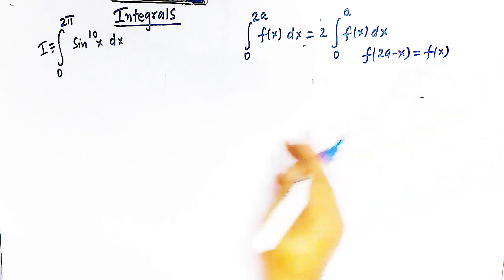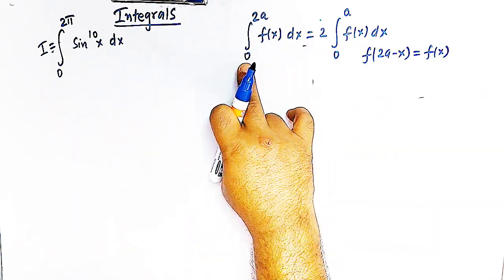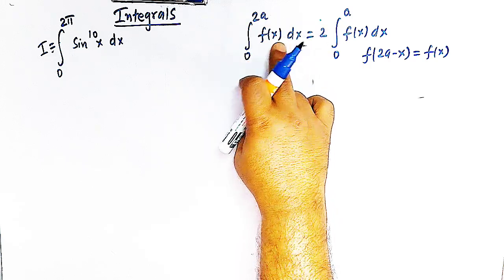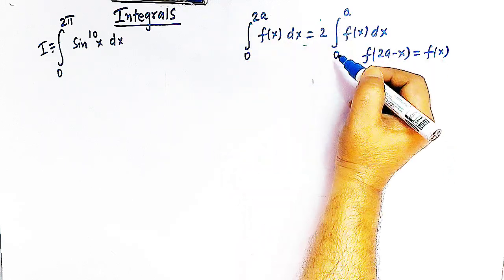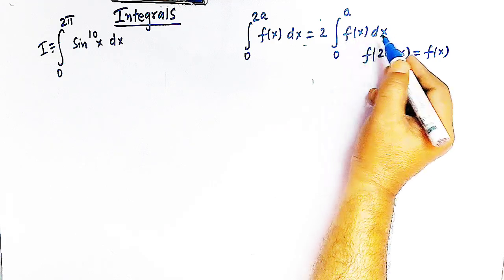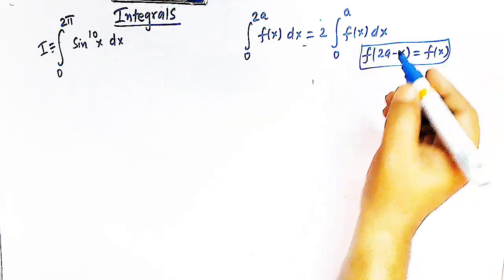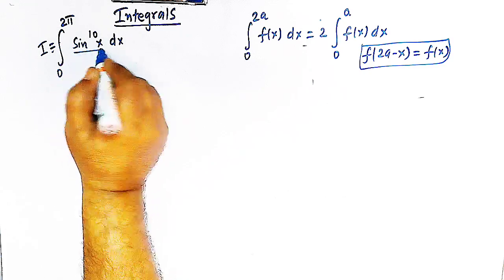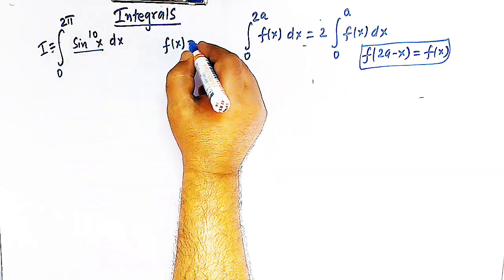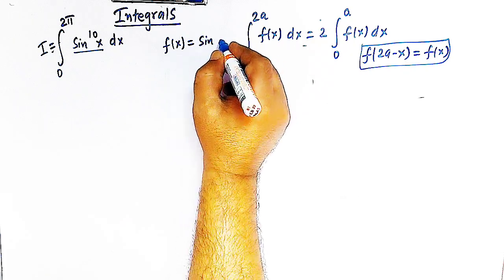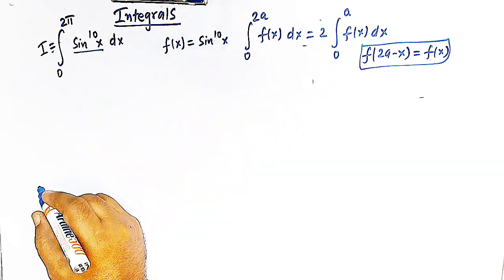So here we have this important property that is integral 0 to 2a f of x dx can be written as 2 times the integral from 0 to a f of x dx, provided we have this condition. So here let us take the integrand as f of x, that is sine x raised to 10, right?